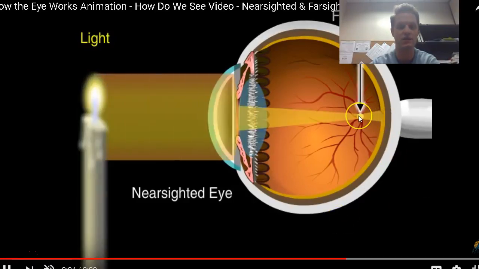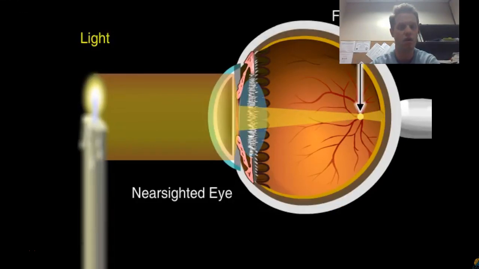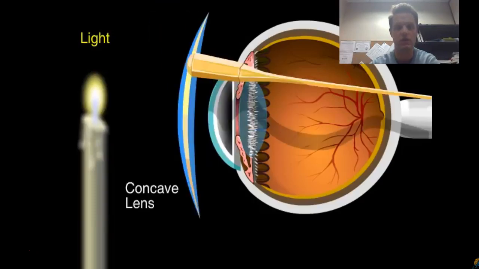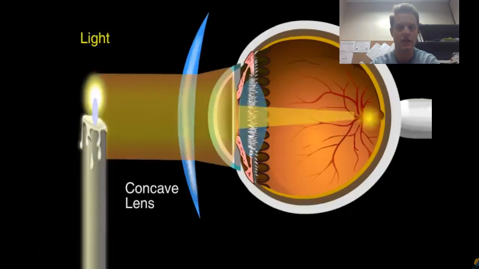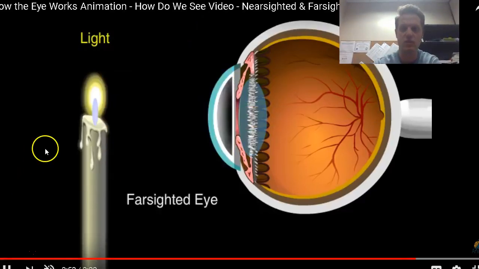The focal point is too far forward, so it's difficult to see things that are farther away. To fix this, we can use a concave lens. A concave lens will adjust the focal point and force that light to hit the back of your eye. It causes the light to diverge just a little bit, so it hits at the back of your eye.